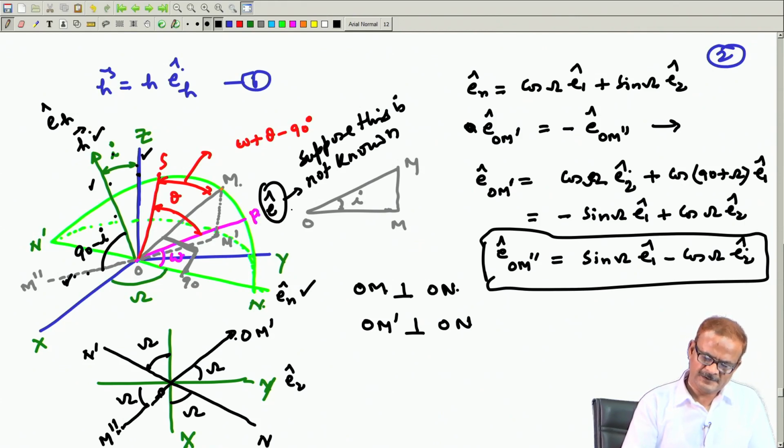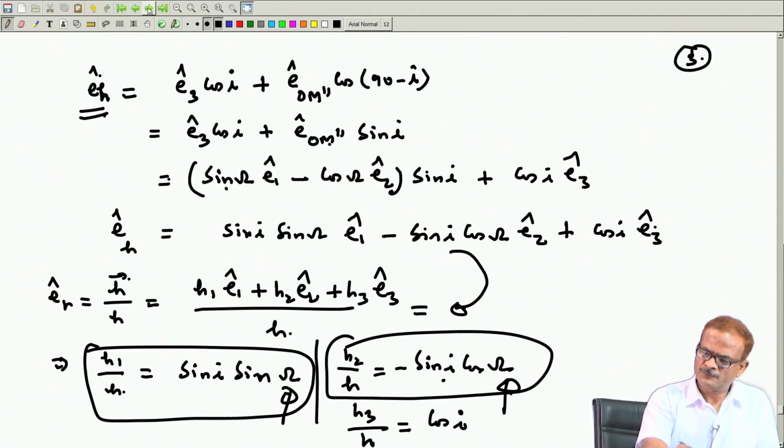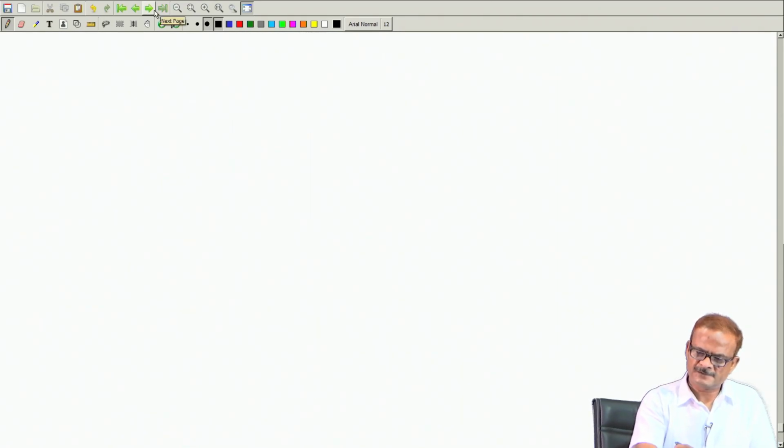If this vector E cap is not known, there are other ways of doing this. In that case we take this, and we take this part, and also this is the vector. So, utilizing this, we will be able to solve the problem. So, let us see how we do this. I will finish this part in this lecture.